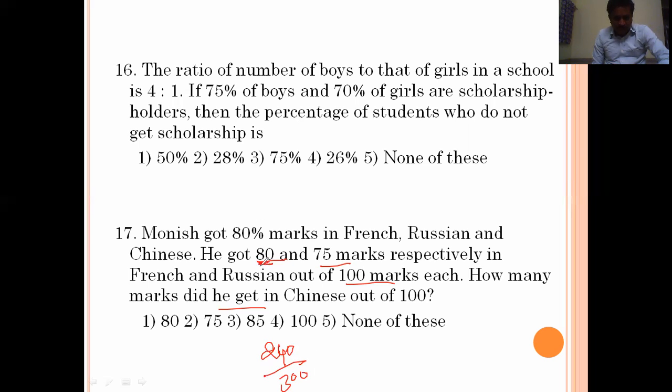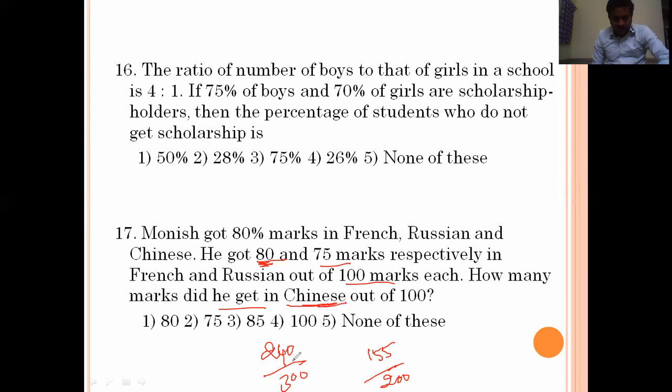But here he gets 80 marks in French and 75 marks in Russian. So for 200 marks, he will get 80 plus 75, which is 155 out of 200. Now we find how many marks he will get in Chinese.